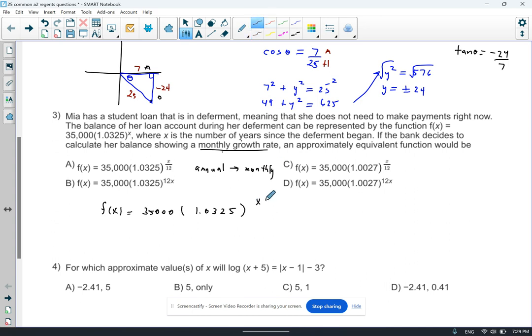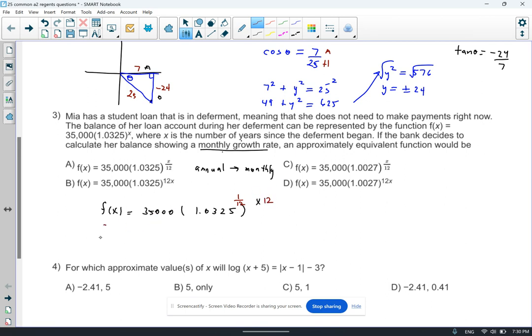So if I multiply this x by 12 to convert it into months, in order to keep the value of my function equivalent, I have to raise my base to the 1 over 12. So this would produce an equivalent amount because if you raise a power to a power, you multiply the exponents, you would get back the original.